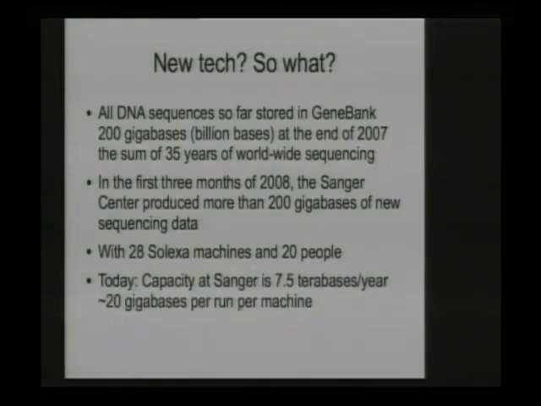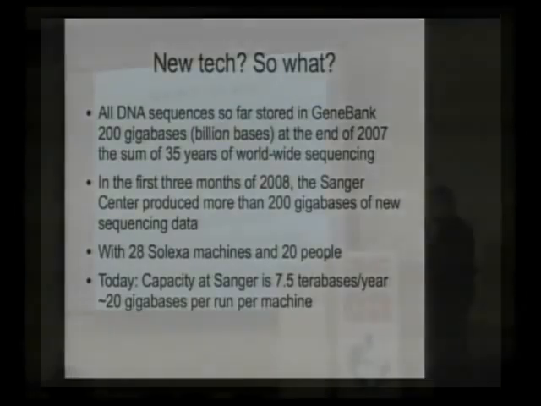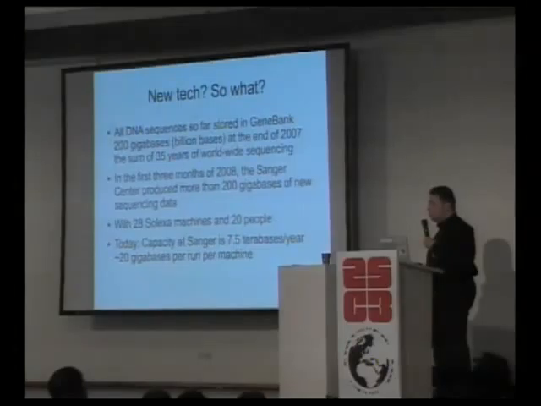And as I said, Sanger trialed these machines end of 2007. So when they started in 2008, it was still a rather experimental process. They were still learning how to use them correctly, what parameters to set to get the maximum output.